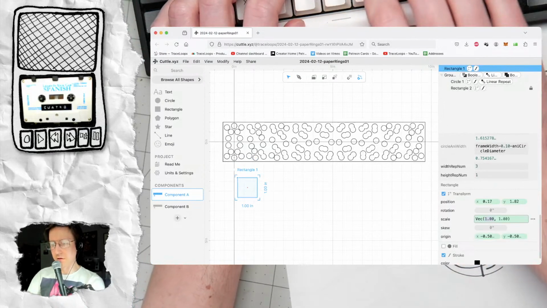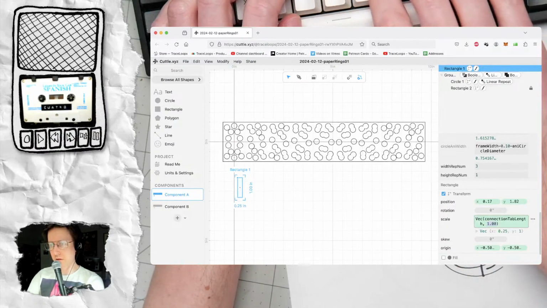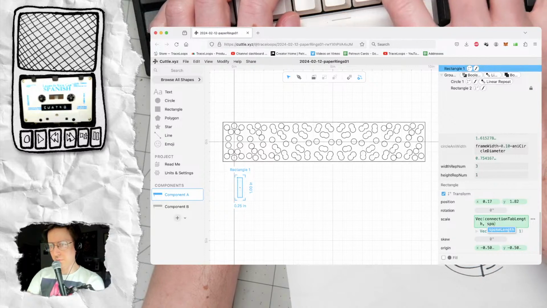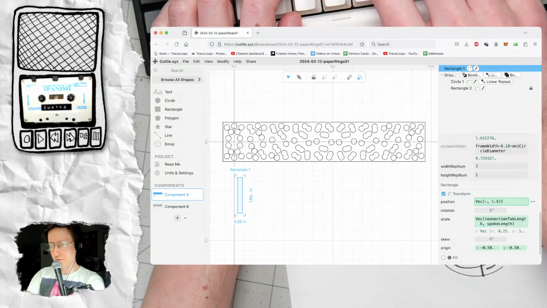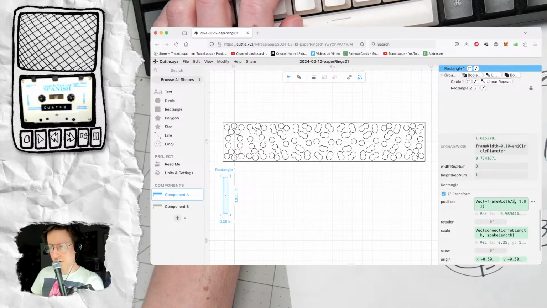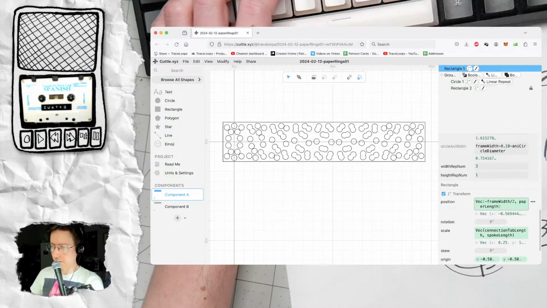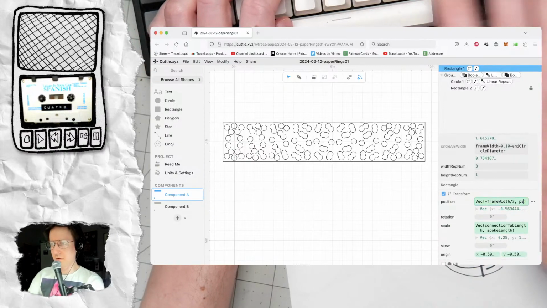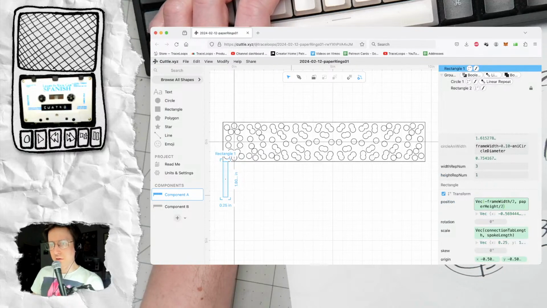The scale is connection tab length for the width, and the height is spoke length. This position is negative frame width divided by 2. And the height is paper height divided by 2.